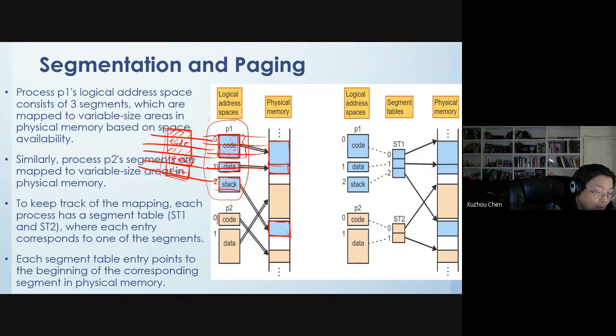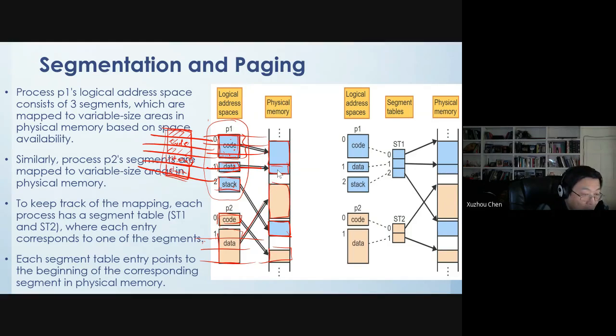Same thing with the data: the data is located here, code is located here. But I'm not going to cut the data into pieces and put each piece in a different memory location. That's called segmentation, which is not the same as the paging, right?